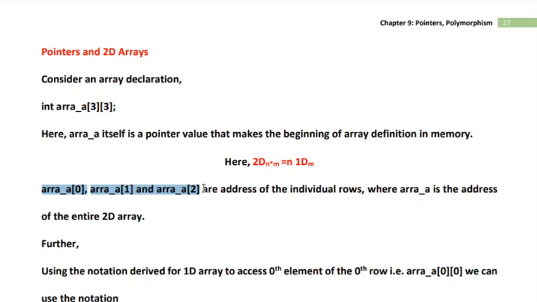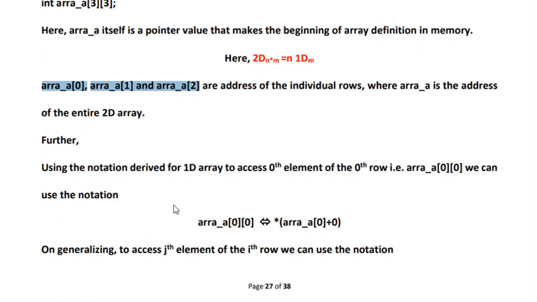So here we have four notations for address. First, arr_a marks the beginning of the entire two-dimensional array. arr_a[0] to arr_a[2] mark the beginning of the individual rows of the two-dimensional array.